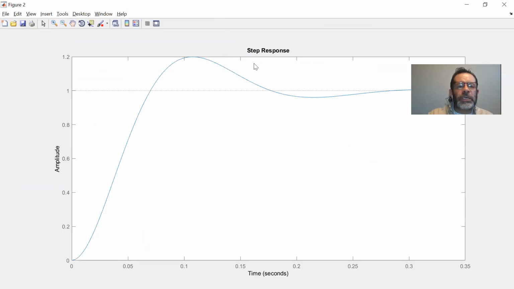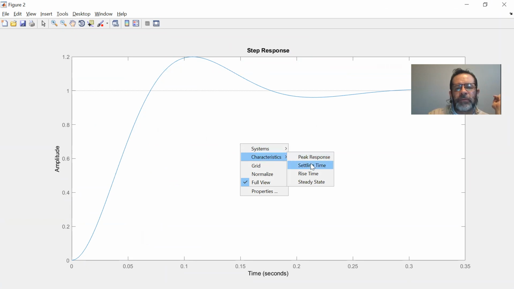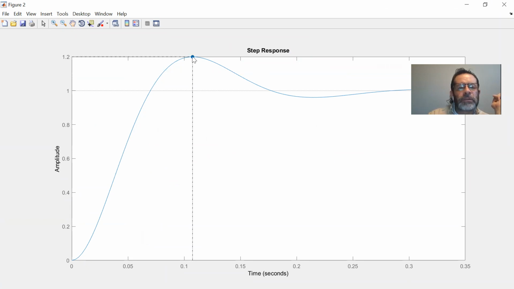And so we're just at the brink of the 1.2. So we've got exactly an overshoot of 20% for that gain. Okay, so we know that for 1080 the peak amplitude is 1.2, so there's a 20% overshoot.